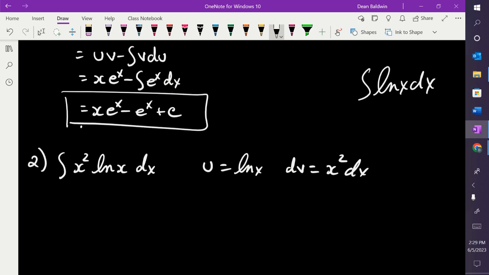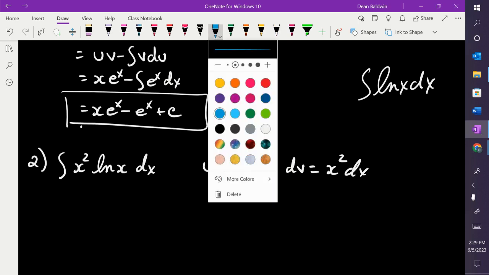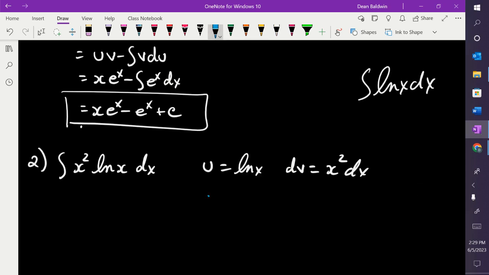So we have to figure out du. What's du? 1 over x. I should say du is equal to 1 over x dx. And for dv, we have to integrate both sides, and that gives me v is equal to, what's the antiderivative of x squared? There you go, x cubed over 3.